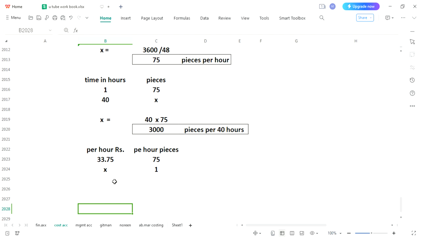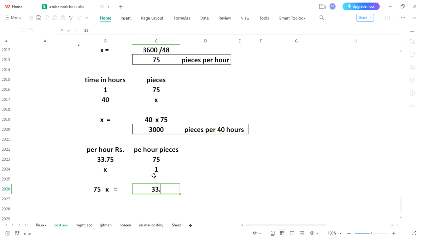Again cross multiplication, x would be multiplied by 75, so we will get 75x, and then what would be on the right side? If x is multiplied by 75, you have put it over here. 33.75 would be multiplied by 1, we will get 33.75.